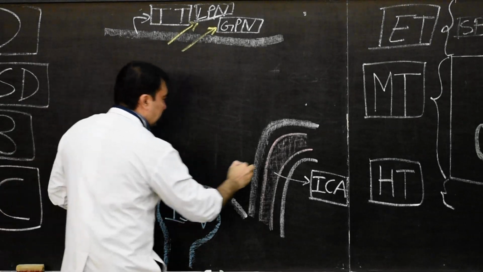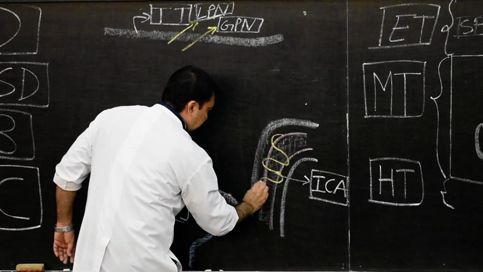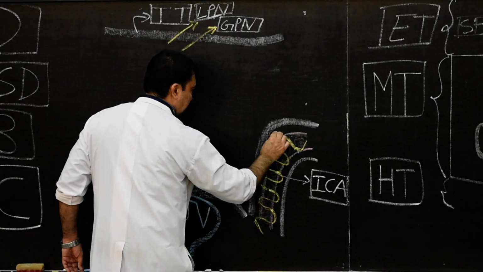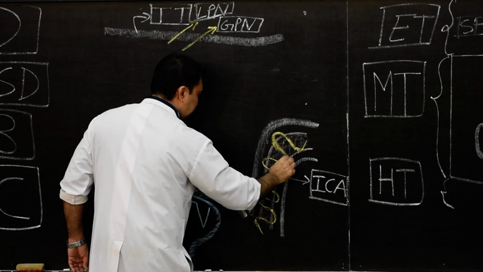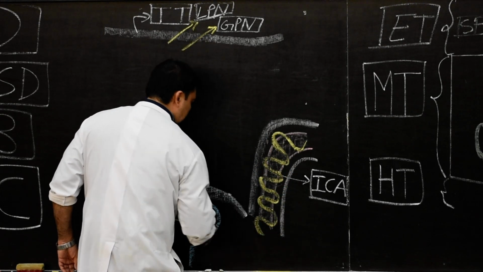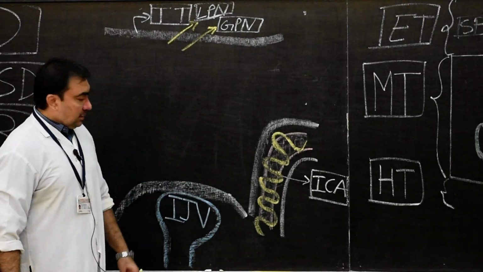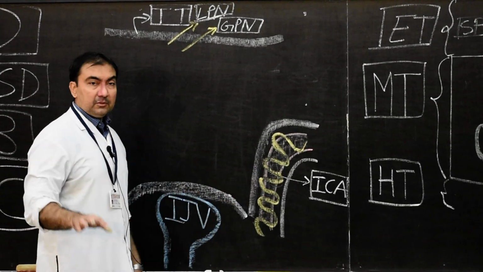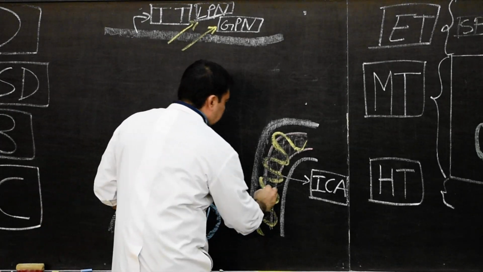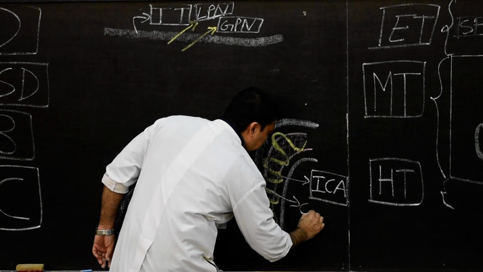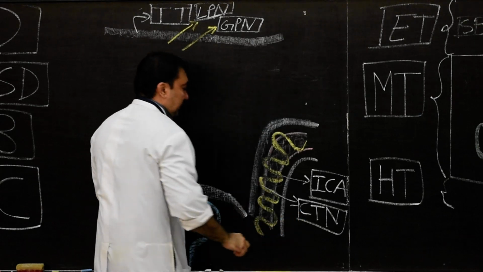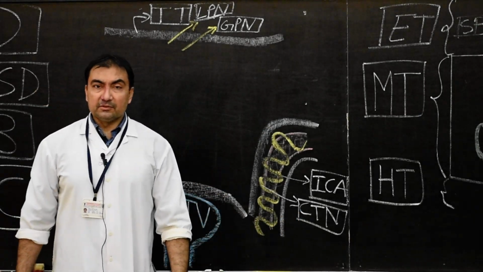So here we will draw this sympathetic plexus which is present around the internal carotid artery. This is what we show, the sympathetic plexus. Now, this sympathetic plexus will be known as caroticotympanic nerves. So we will write down here sympathetic plexus as caroticotympanic nerves. Sympathetic plexus around the internal carotid artery, caroticotympanic nerves.